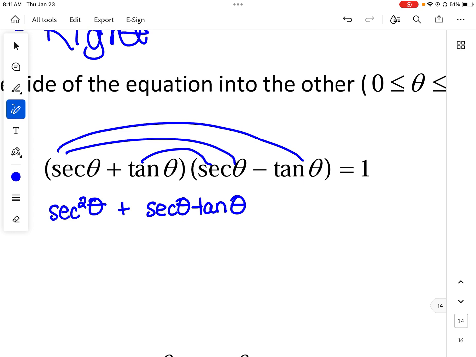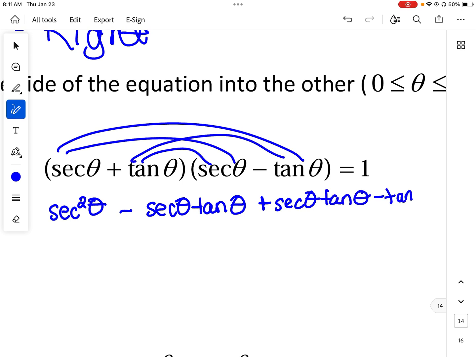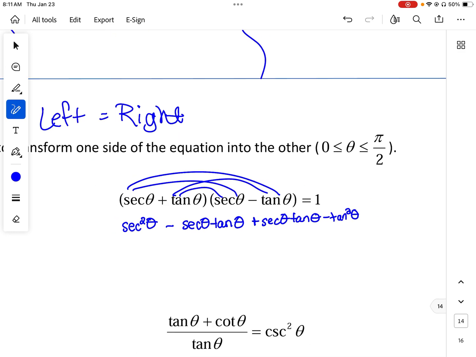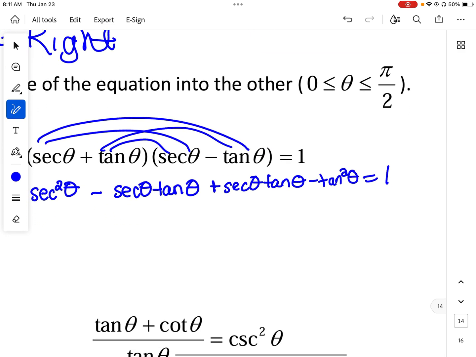Oh, that would be minus, actually. Let's fix that. And then the next one would be plus secant theta tan theta. And then minus tan squared theta equals 1.